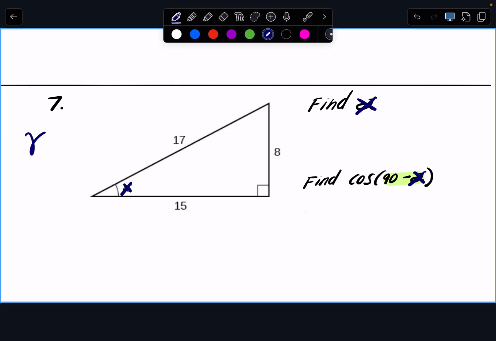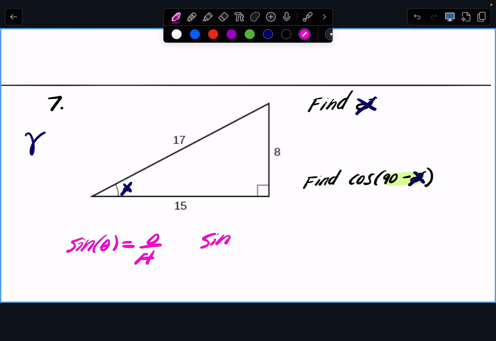So if they say find X, you're going to say, oh, they want me to find an angle, so I need to set up a statement. I can set up any statement I want as long as it's true. So I guess I'll just do sine. Sine of theta equals opposite over hypotenuse. Sine of theta, isn't theta x?